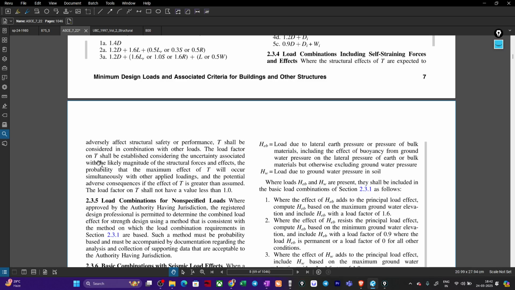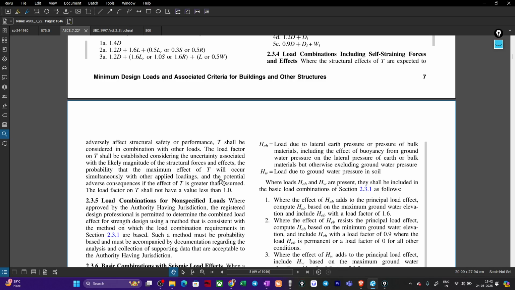The load factor on T shall be established considering the uncertainty associated with the likely magnitude of structural forces and effects, the probability that the maximum effect of T will occur simultaneously with other applied loadings, and the potential adverse consequences if the effect of T is greater than assumed. The load factor on T shall not have a value less than 1.0.